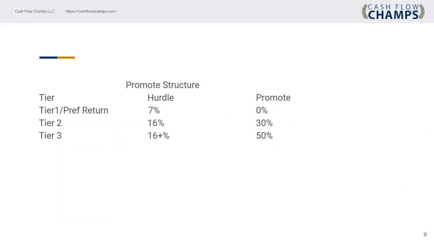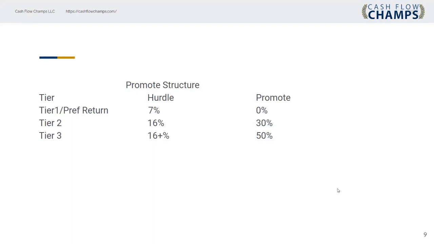If you have this type of promote structure, which is the one that we are operating from right now, in this example you have a 7% preferred return starting out. Up to 7% IRR, there is no promote.